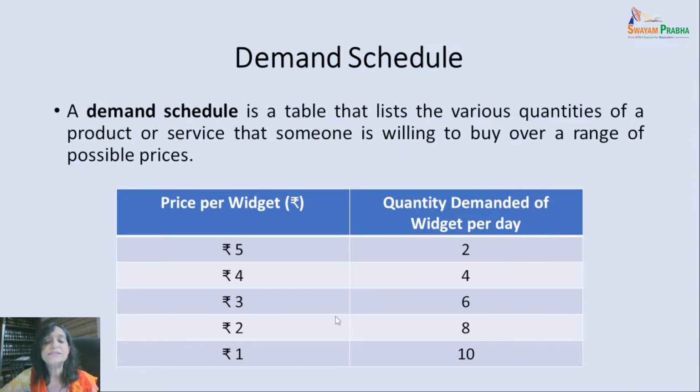When the price is 3, I'll buy 6 units. So what do we see, learners? At different price levels, the quantity demanded of these widgets is different. So this table, which gives the quantity demanded of a product or service at different prices, is called a demand schedule.